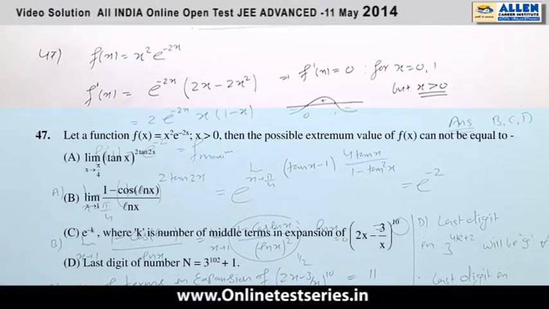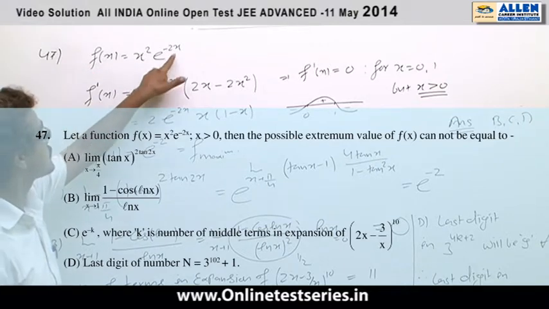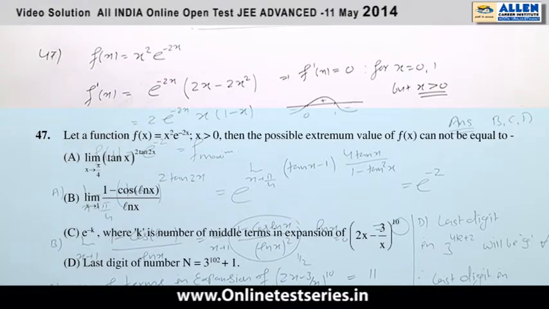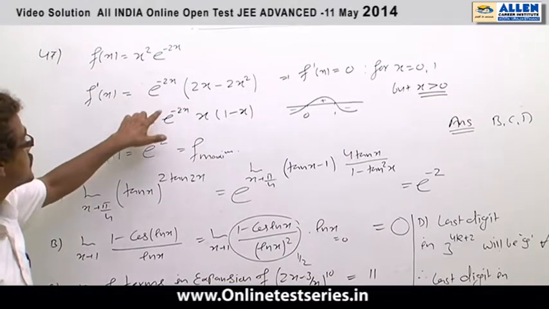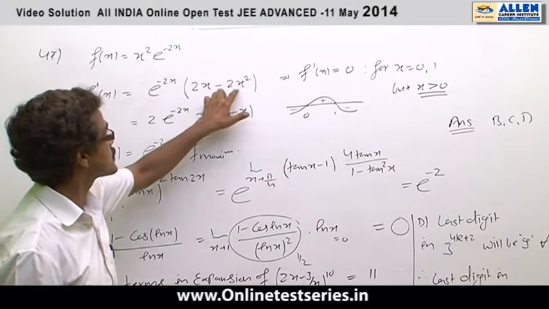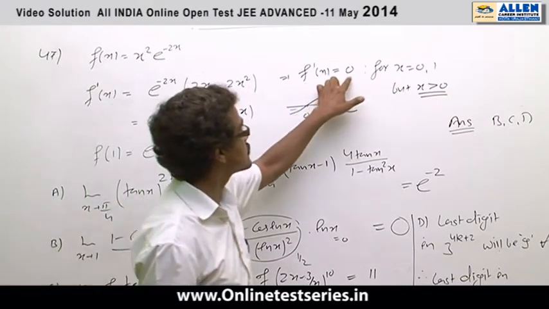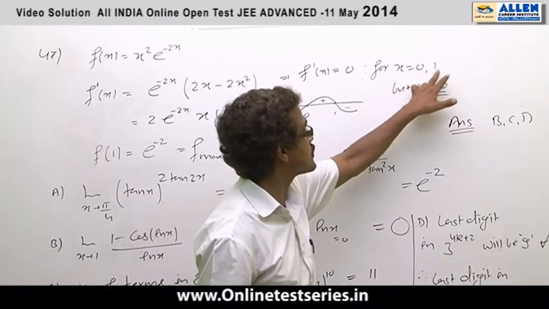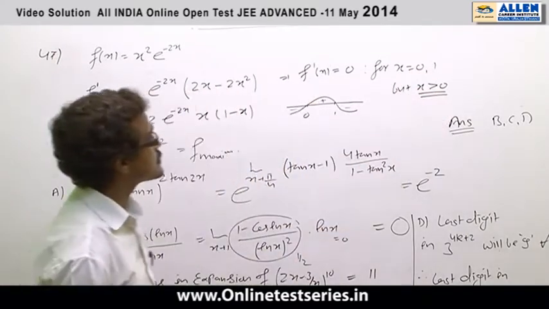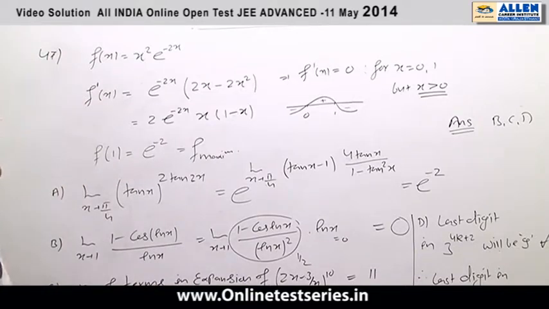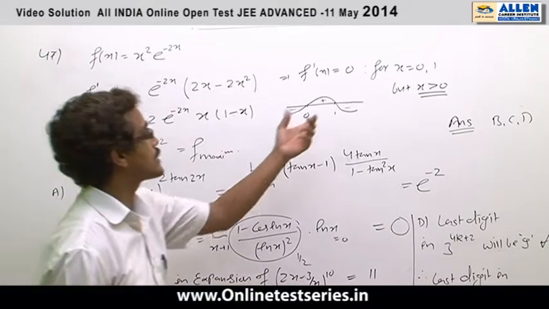Now for question number 47, a function f(x) is given as x² e^(-2x). We have to find the extremum values of this function. So let us differentiate this function. f'(x) will be equal to e^(-2x)(2x - 2x²), which equals 0 for x equal to 0 and 1. But in the question x is greater than 0, so we cannot take x equal to 0.